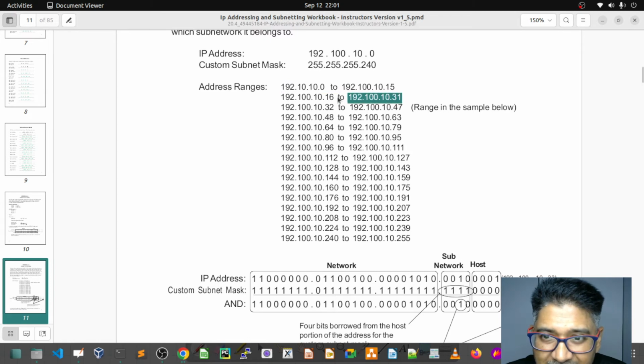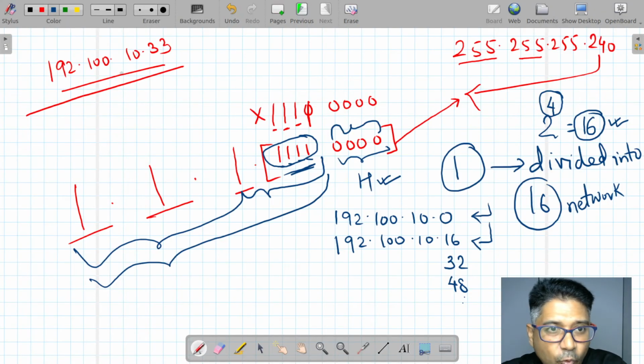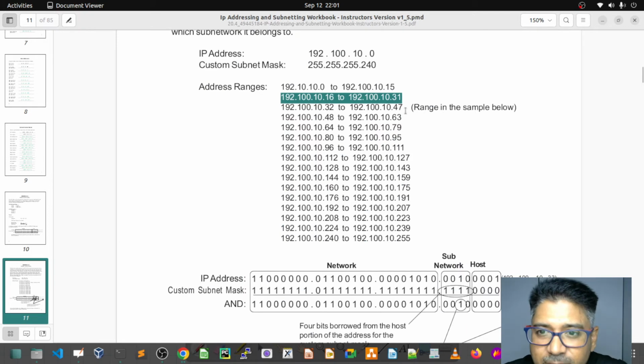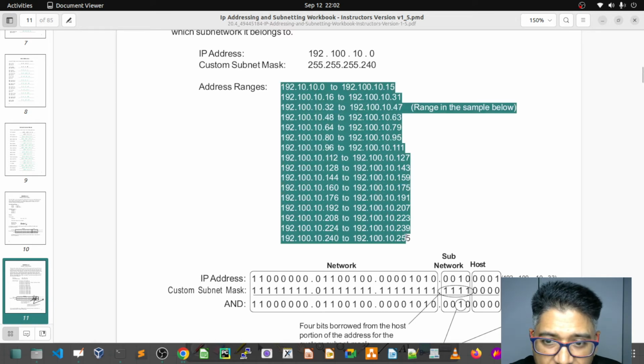Okay, so this is one network, and this is the second network. Tell me, my IP 192.100.10.33 belongs to which network? Does it belong to this network or not? So you have to write out the entire network list, then identify which network your IP belongs to.